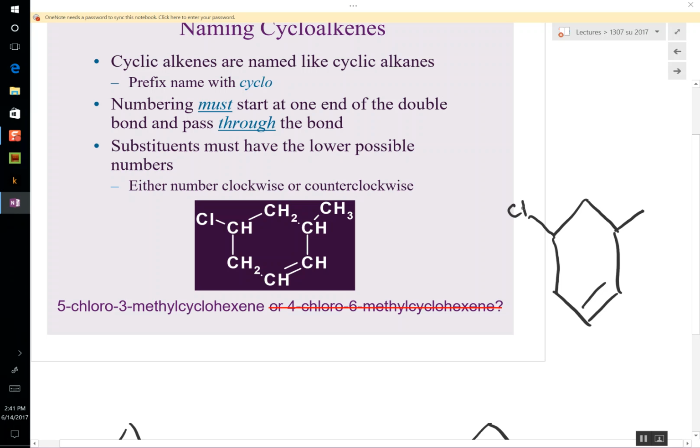All right, there's a line diagram of it. So this brings up a question. Okay, what's carbon number 1? Is this carbon number 1, or is this carbon number 1? Where do I start counting?